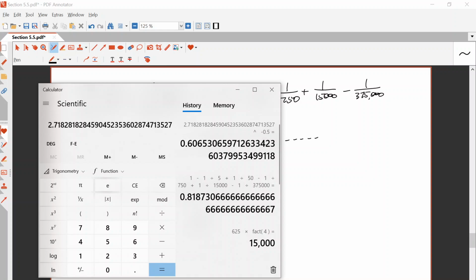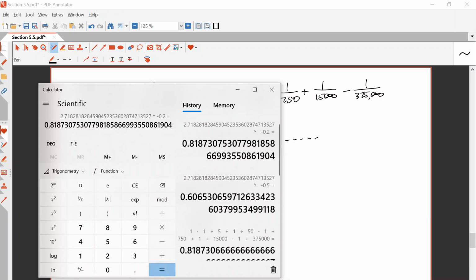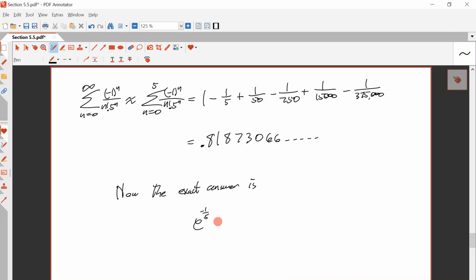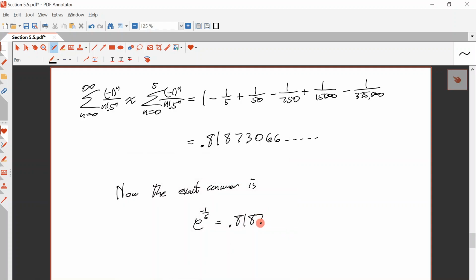So it's e to the 0.2 minus, there it is, 0.81873075. Right, so we got 1, 2, 3, 4, 5 decimal places of accuracy. Actually, we got 6 decimal places of accuracy. 1, 2, 3, 4, 5, 6.